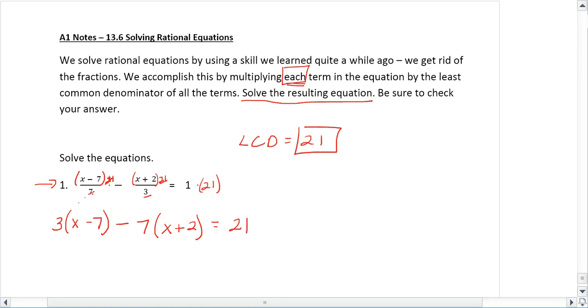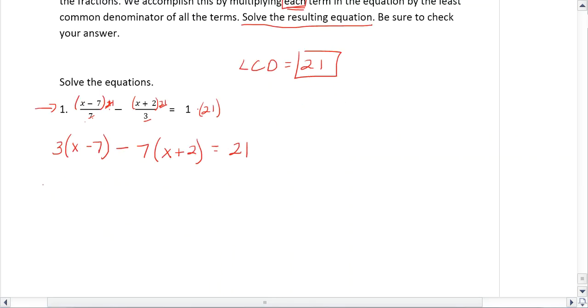So now what we have accomplished by multiplying everything by the LCD is that we have no fractions. So let's just go ahead and solve this resulting equation. First, I need to distribute. So I'll get 3x minus 21 minus 7x minus 14 equals 21. Combining like terms, 3x and negative 7x is negative 4x.